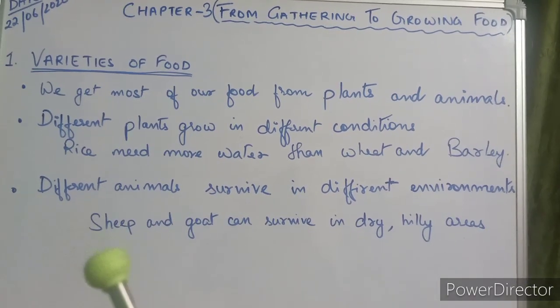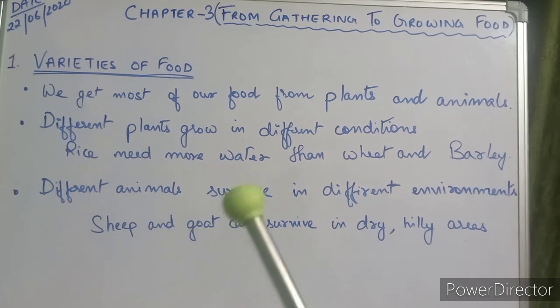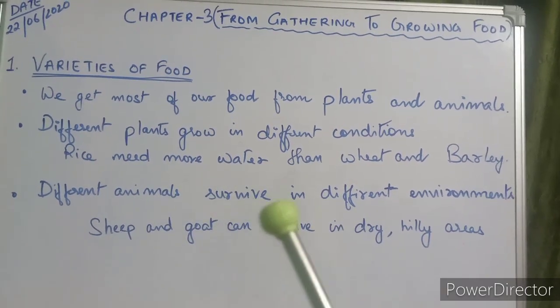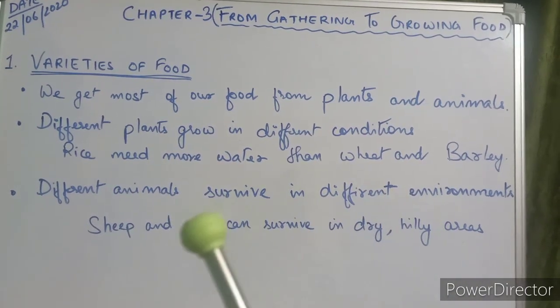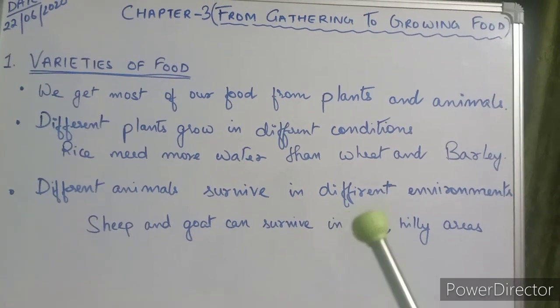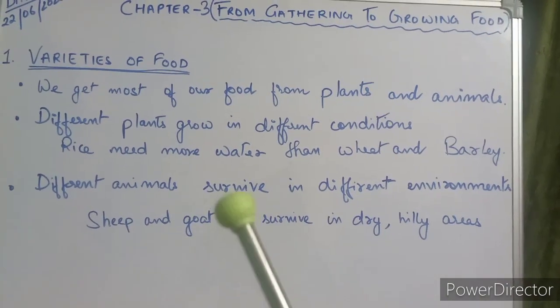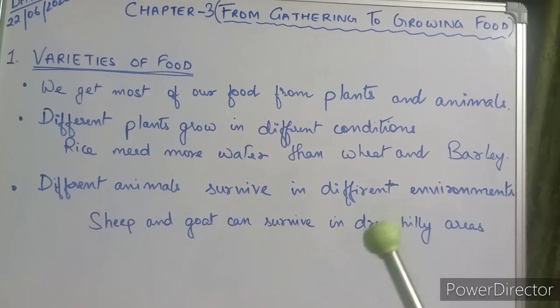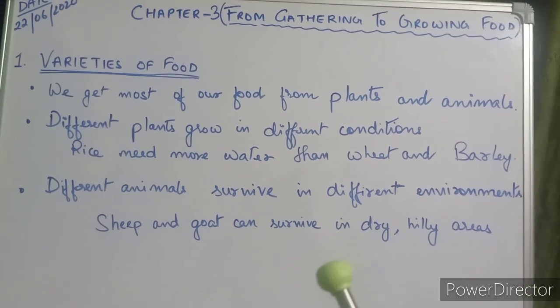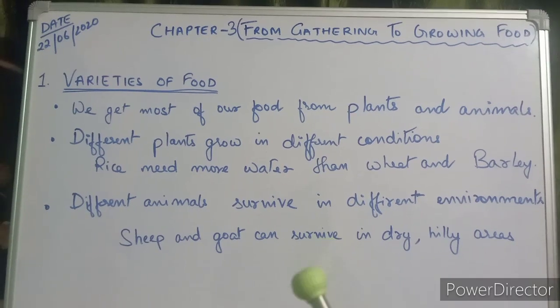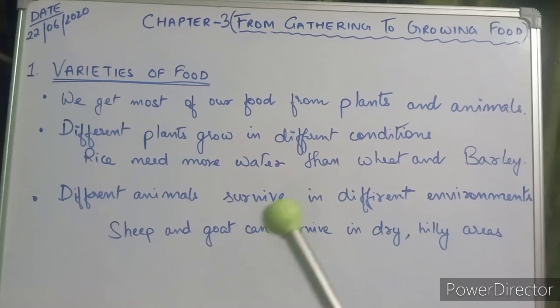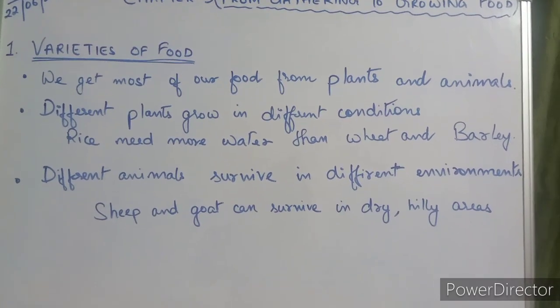And also about animals, some animals survive in different environments. Sheep and goat can survive in dry hilly areas. Maybe some animals cannot survive in dry and hilly areas, right? So there are various requirements both for plants and animals, right?